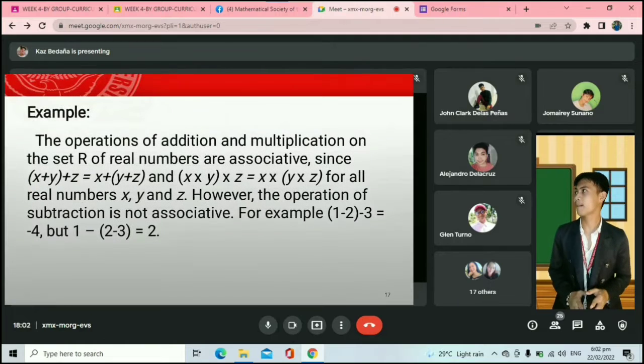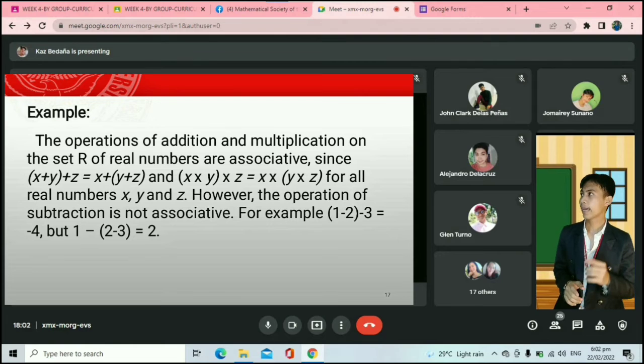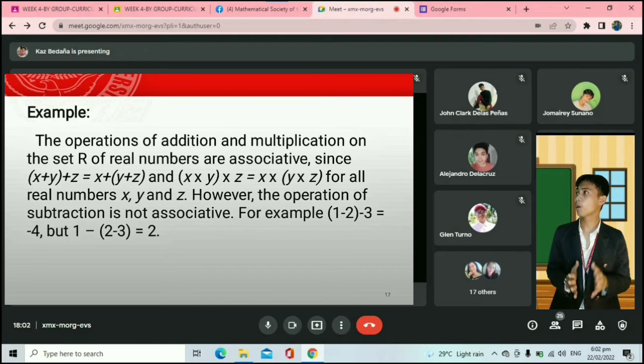So, we have the example. The operations of addition and multiplication on the set R of real numbers are associative since (x plus y) plus z is equal to x plus (y plus z), and (x times y) times z is equal to x times (y times z) for all real numbers x, y, and z.